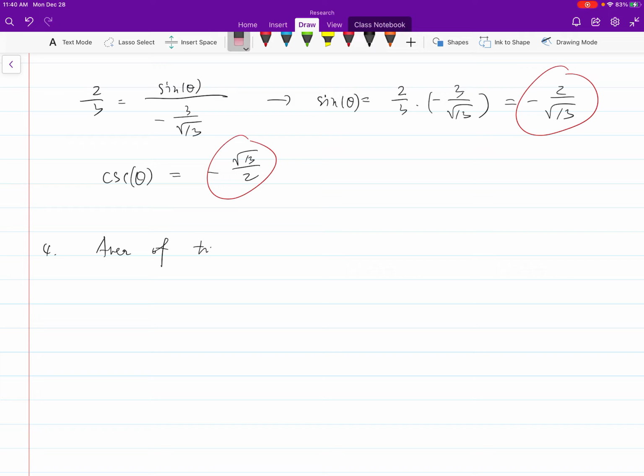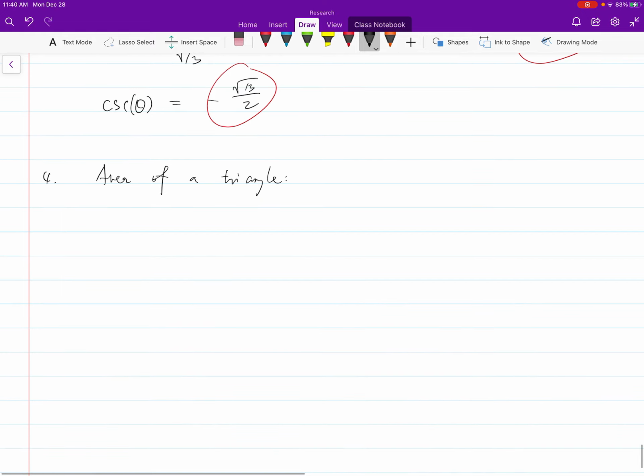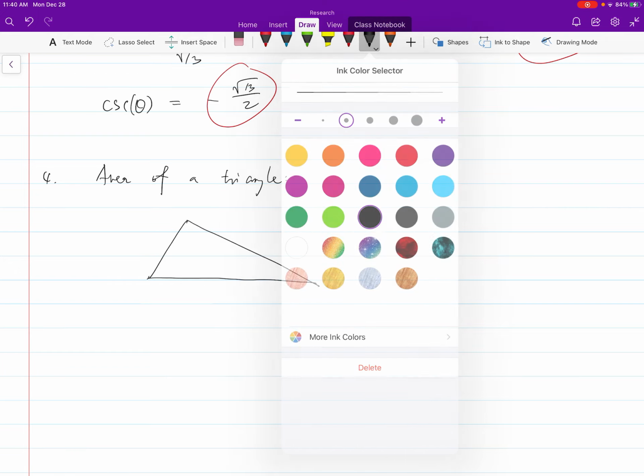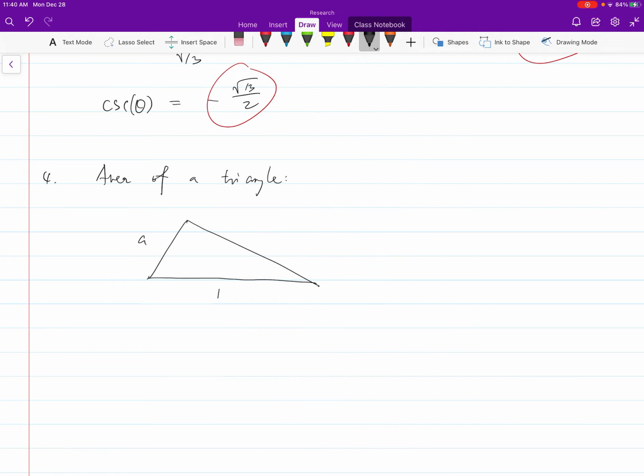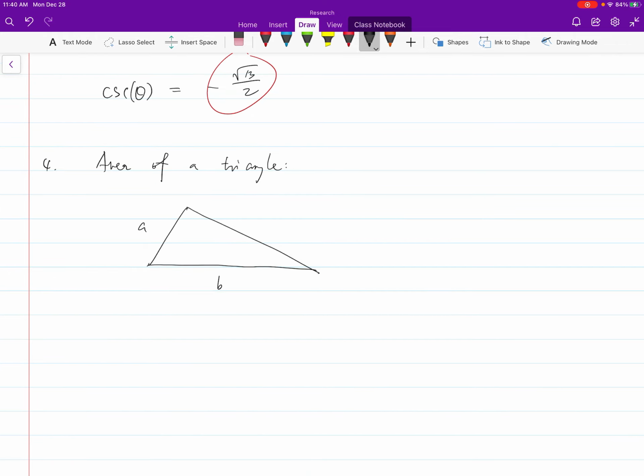The last one is just a simple formula, which is a quick formula for the area of a triangle. Which, by the way, doesn't have to be a right triangle. Let me draw any random triangle. Okay, here's the key.